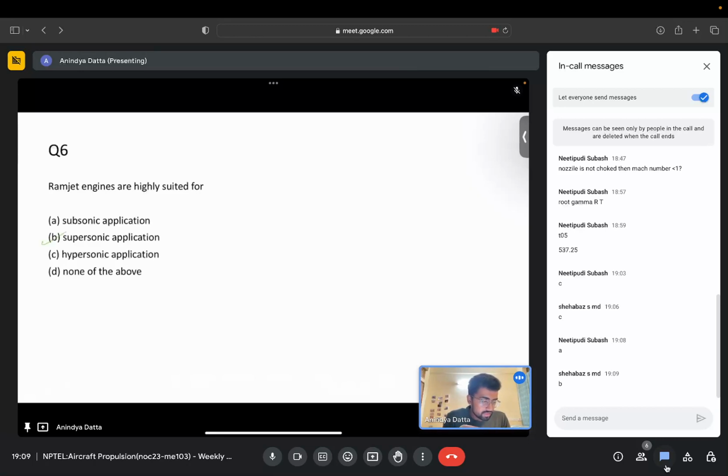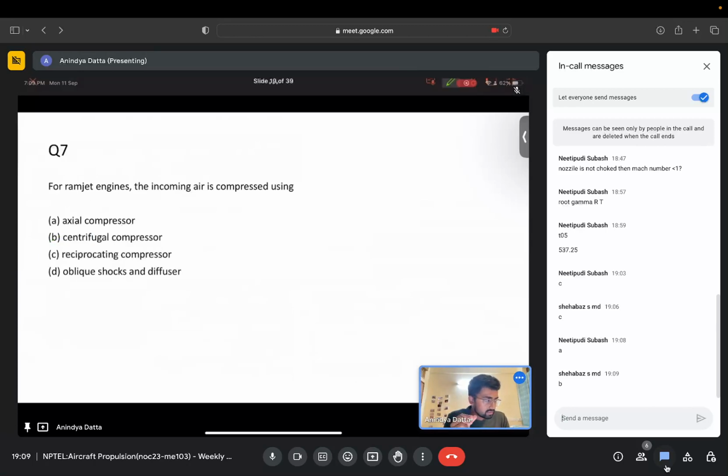Right, supersonic. Supersonic is Mach number greater than 1, between Mach 1 and 2. If you want a speed higher than that, generally Mach 2.5 or 4, then we have to go for scramjets, which is hypersonic speeds.